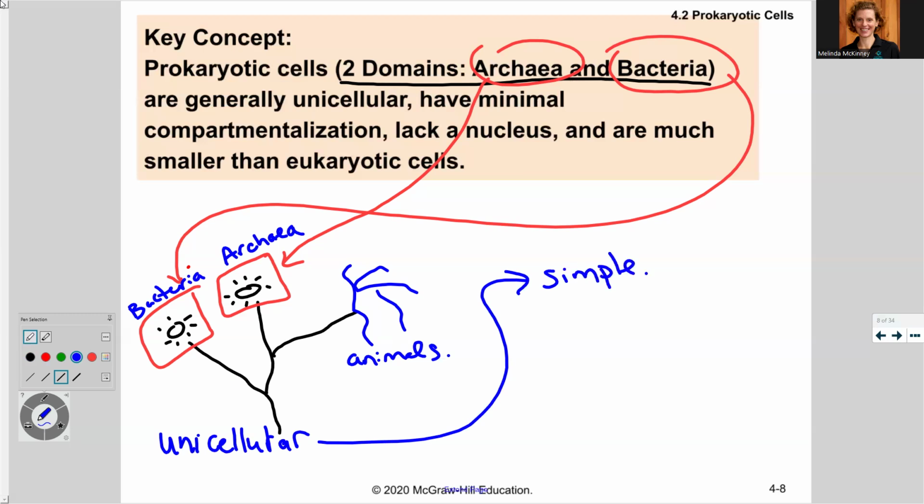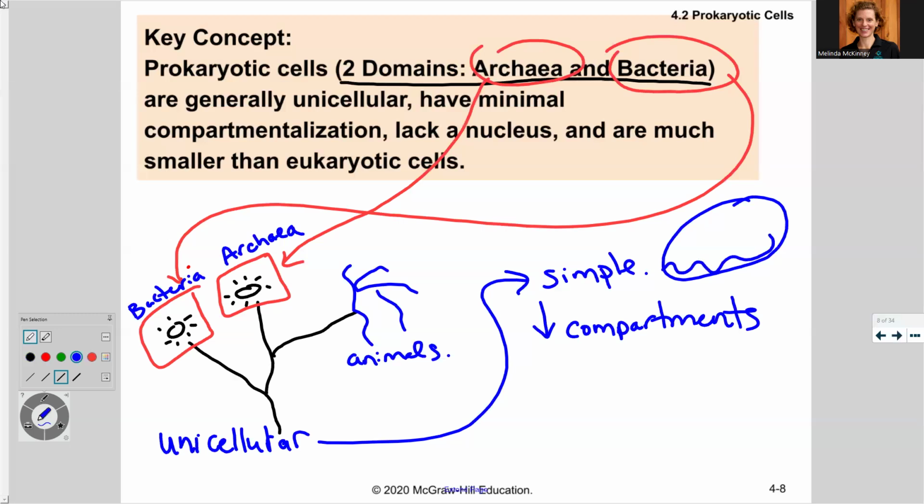So they have little compartmentalization. Inside, it's kind of all open. There's a plasma membrane and there might be some infolding, but there are no things called organelles, right? And they tend to be small in size.